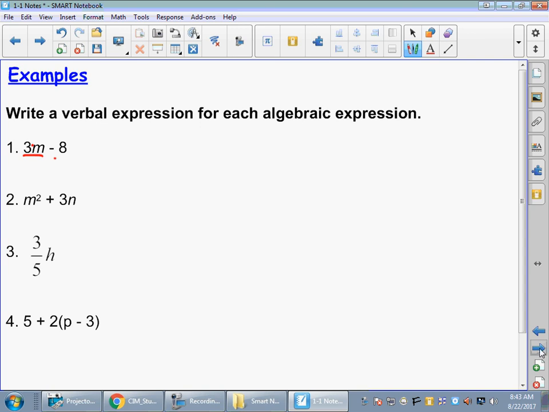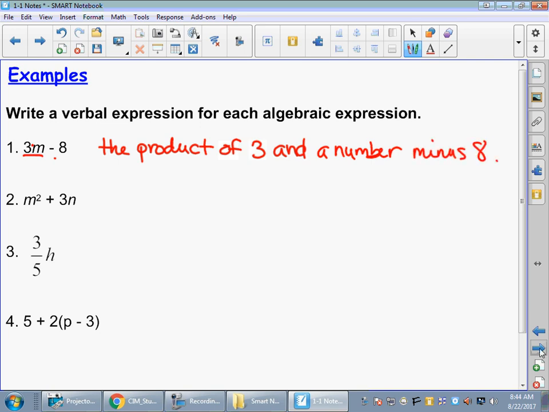So I might say the product of 3 and a number. I don't want to see m. I want to see that you know that that represents an unknown value. Minus 8. Several different answers for that.